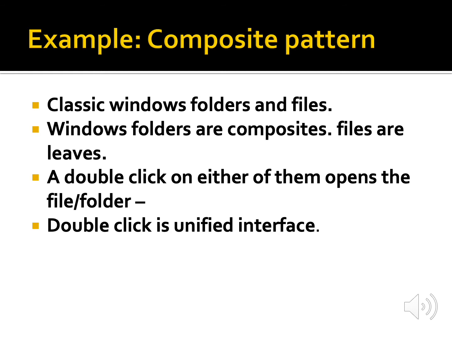So by implementing the composite design pattern, you have to provide uniform methods to treat the composite as well as the leaf or basic object uniformly. In this example of the classic Windows folders and file system, double click is a unified operation which is used to open all kinds of folders, subfolders, and files.